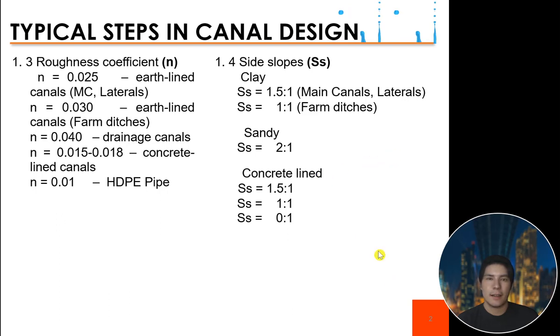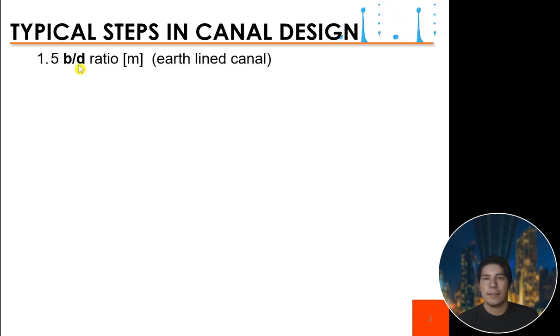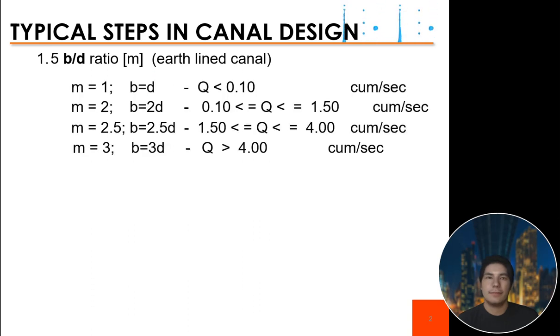Okay, so next is the B over D ratio, or we designate it as M. So for earthline canal, we have these following values.